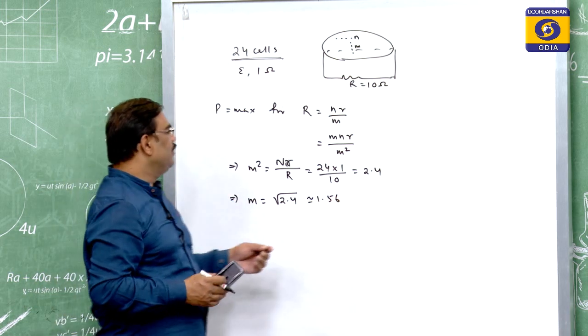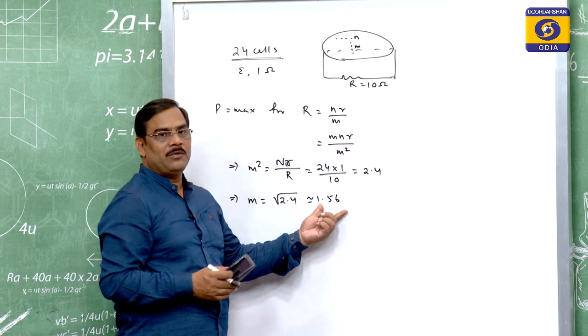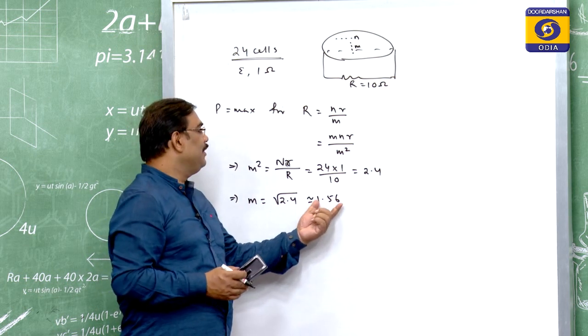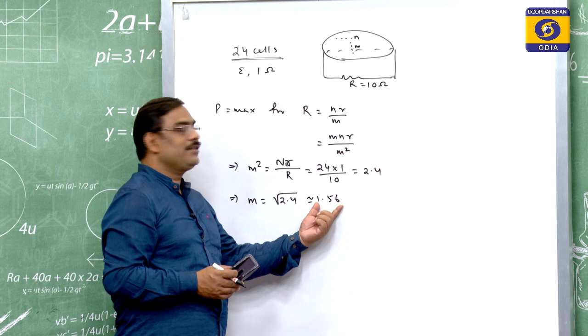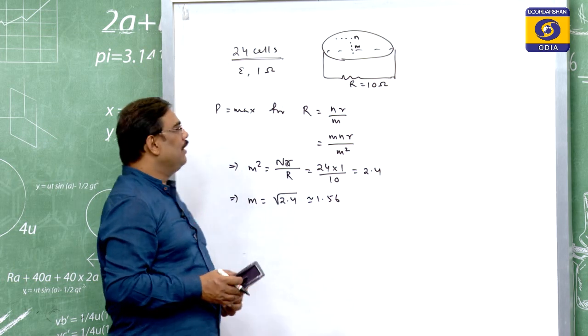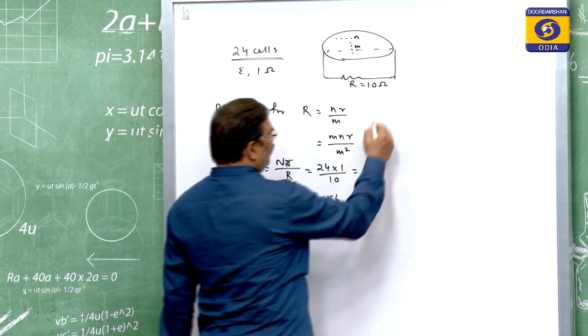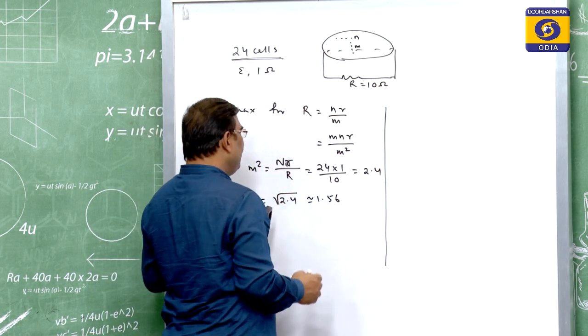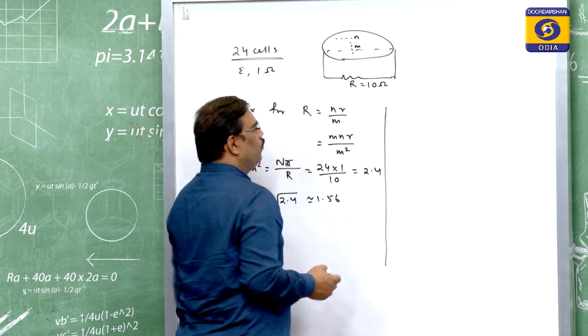So, neither it is 1 nor it is 2, it is coming 1.56. Therefore, this type of combination is not possible. So, we have to take either 1 or 2. Now, let us calculate one by one what will happen if m is 1 or m is 2.